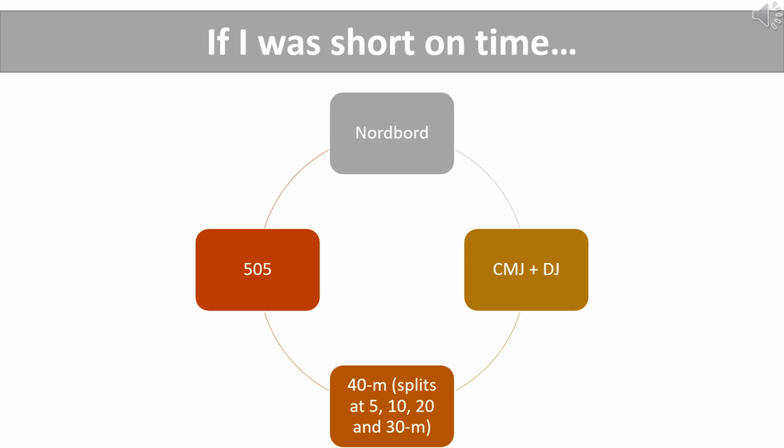But two, because based off Tom's research, we know that 180-degree turns are some of the most common angles that soccer players are required to change direction during training and competition. So if I was short on time and resources, this is probably my modified testing battery that I would undertake as a practitioner in the real world.